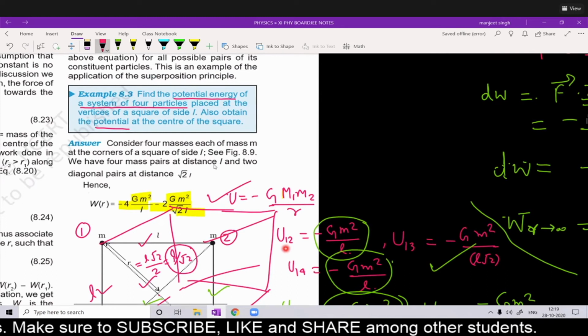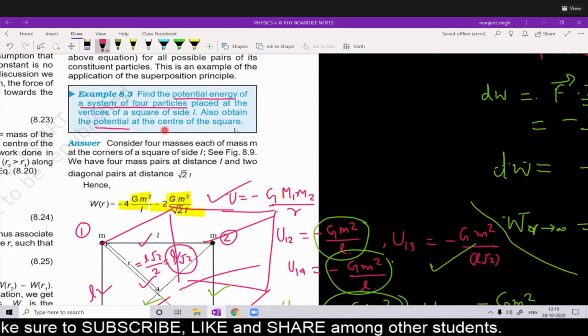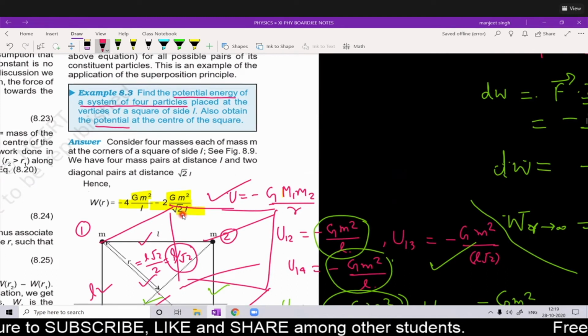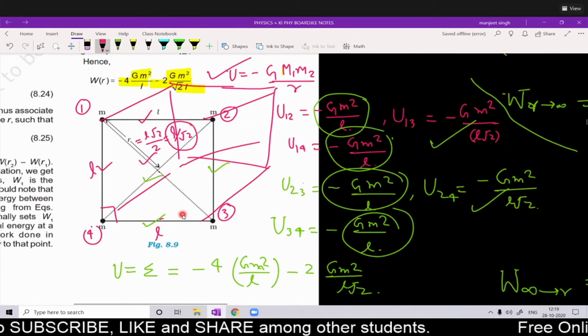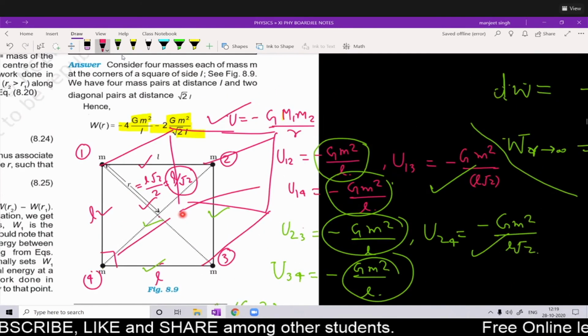now it is also saying obtain the potential at the center of the square. What is the potential at the center of the square? Let us go back to our earlier case.